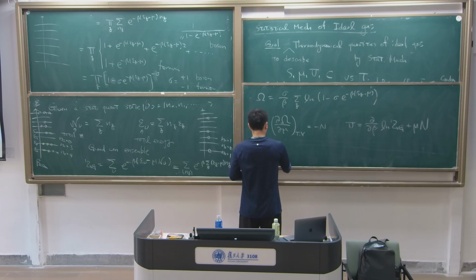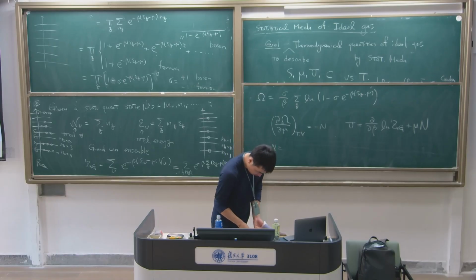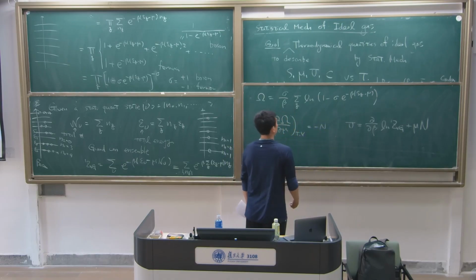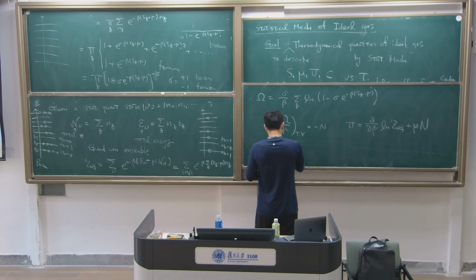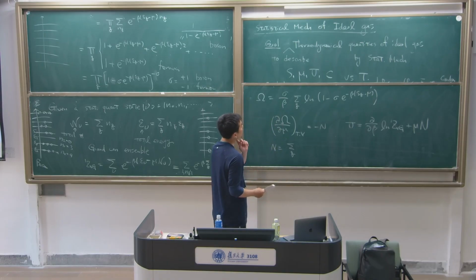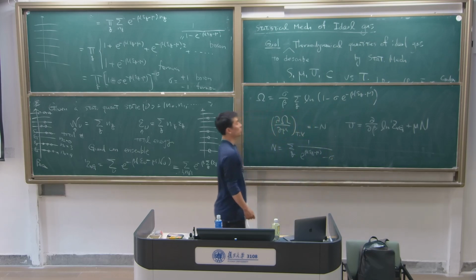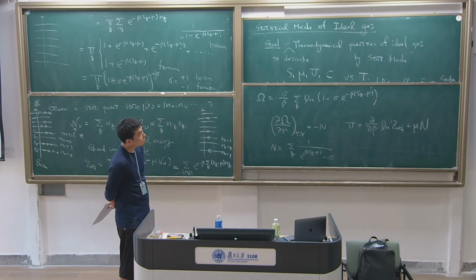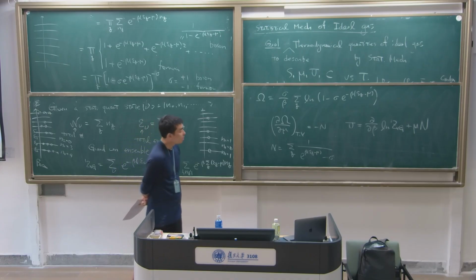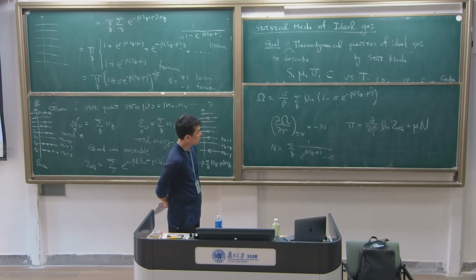N is obtained by taking the derivative with respect to mu, and what happens is the sum over q of 1 over e to the beta (epsilon_q minus mu) minus sigma. That's what you get. Is this okay?